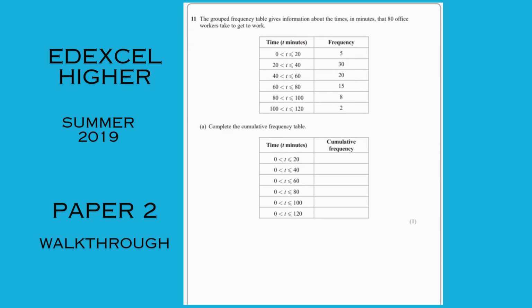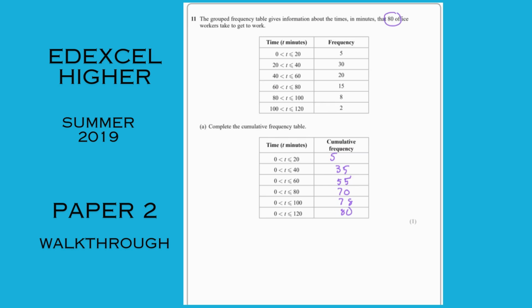Cumulative, don't forget, means add up as you go along. So first group contains 5, add on 30, add on 20, add on 15, add on the 8, add on the little 2, and make sure you get the same number up there.